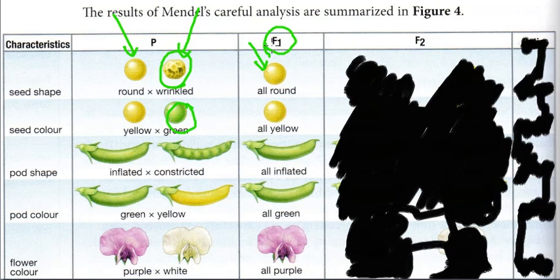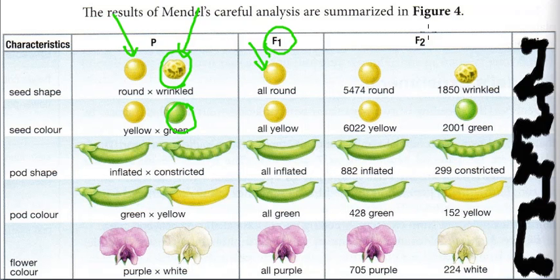So Mendel, like a true scientist and very curious, decided to cross the F1 generation itself. He self-pollinated all of these plants, and another interesting result happened. All the F2 generations have an interesting result. This time, not all the round ones became all round.